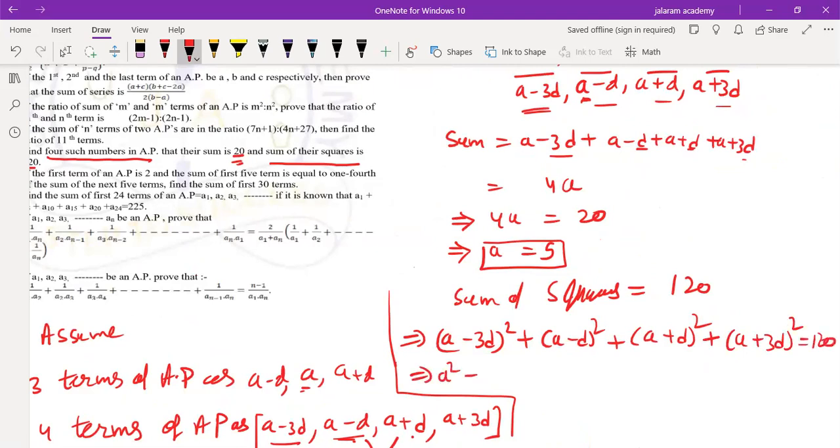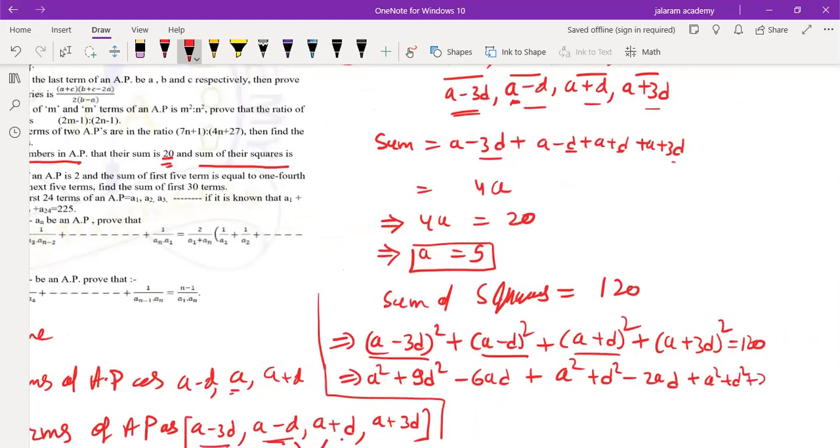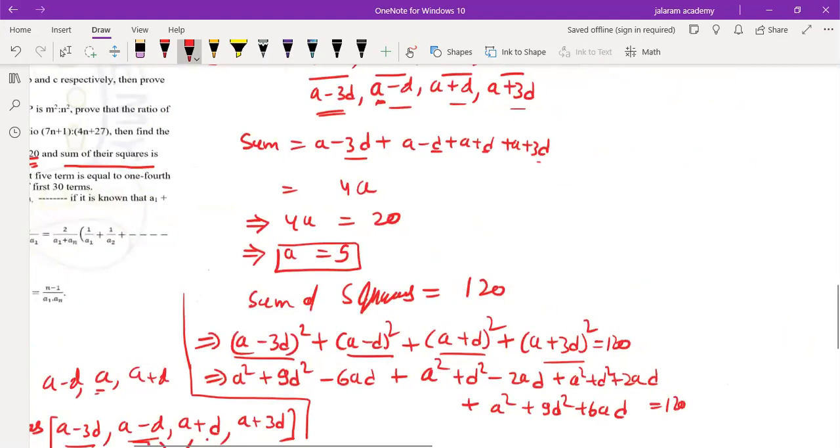Expand the terms. A minus 3D whole square is A square plus 9D square minus 6AD, plus A square plus D square minus 2AD, plus A square plus D square plus 2AD. Plus finally A plus 3D whole square, A square plus 9D square plus 6AD, equals 120.